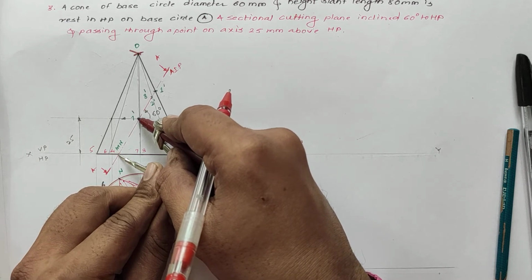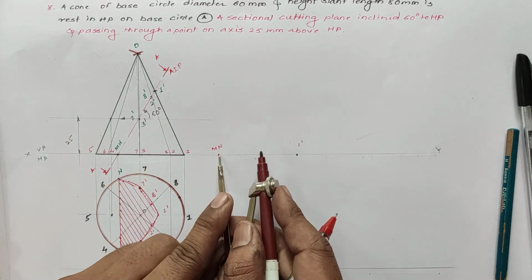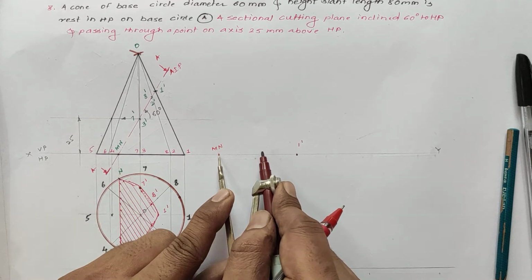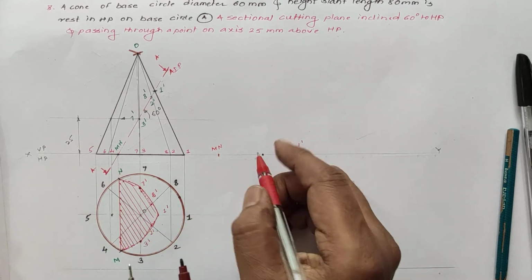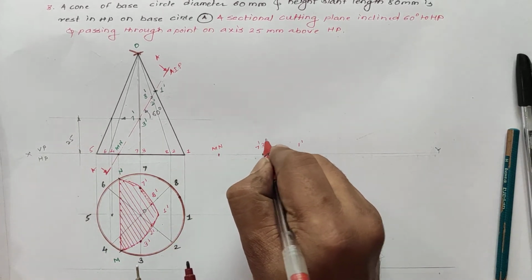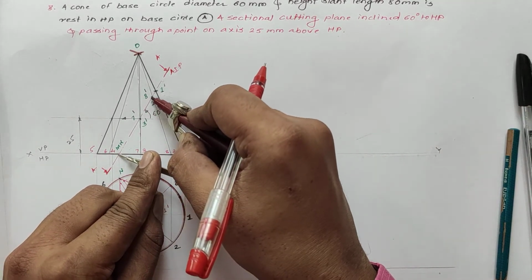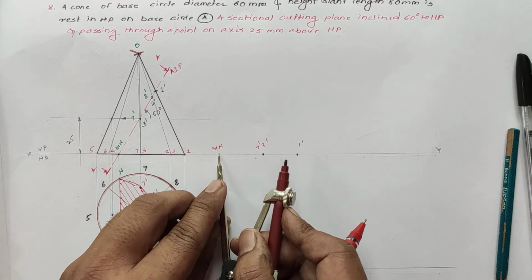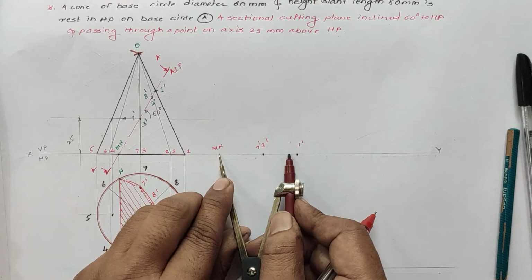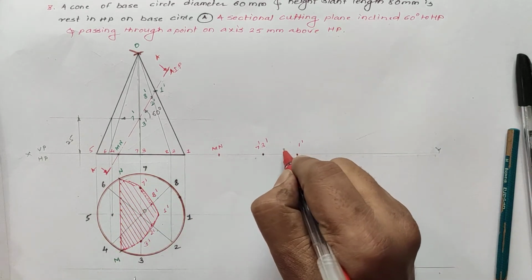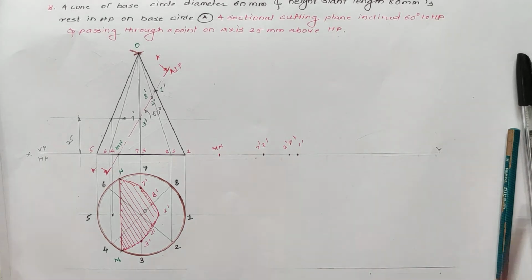Take the distance up to 7 dash and 3 dash and mark on the same XY line. We get the points 7 dash and 3 dash. In a similar way, take the distance from MN to 2 dash and 8 dash, and we get 2 points, that is 2 dash and 8 dash.